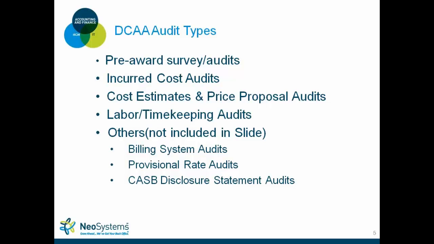It's a very extensive document that gets submitted to DCAA, and DCAA actually reviews and approves that particular disclosure statement. And then any type of internal change that you have within the company always needs to be resubmitted back to DCAA for review and approval.